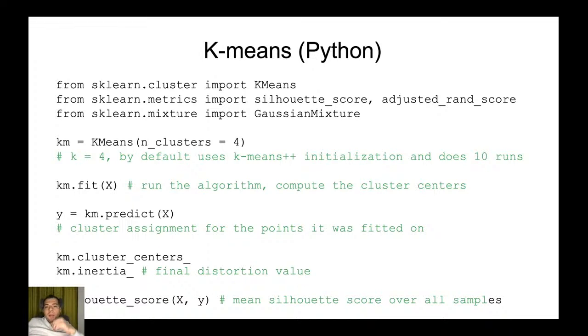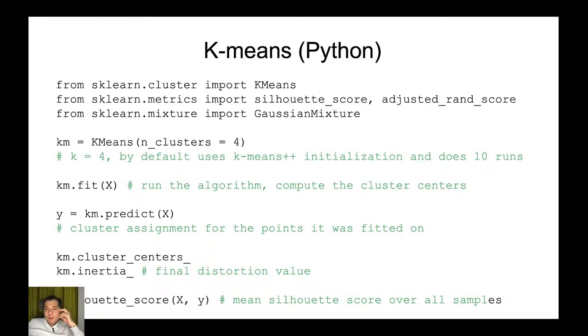Okay, so in Python, you have the k-means algorithm in scikit-learn. You also have the silhouette and the adjusted rand index in the metrics package, and you also have Gaussian mixture models implemented in scikit-learn.